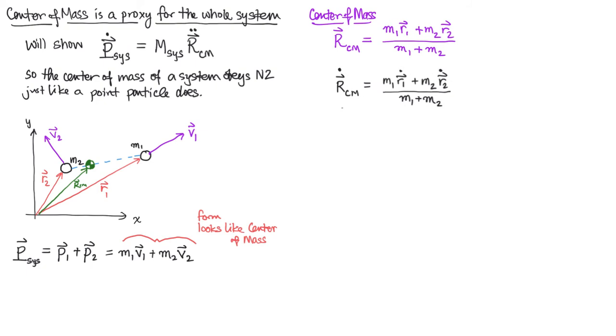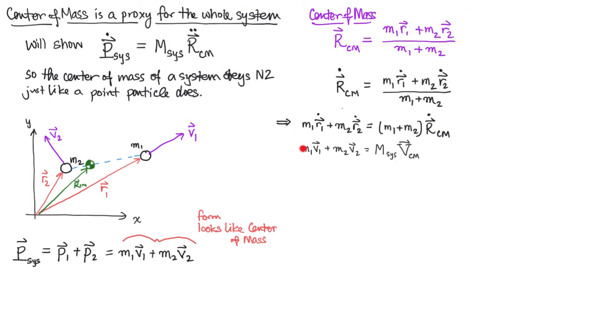If we take the time derivative of the position of the center of mass equation, we get M1v1 plus M2v2 divided by the total mass. So we can rearrange this equation to find an expression that relates the total momentum to the total mass of the system and the velocity of the center of mass.